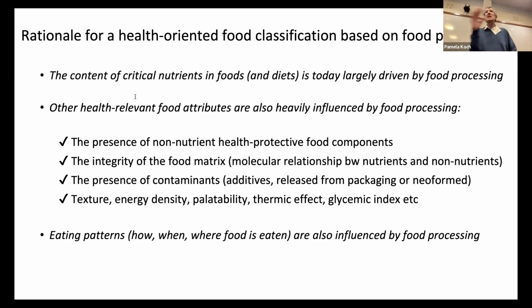In garlic alone, we know more than 300 chemical compounds that are not counted as nutrients, and they have antioxidant and other properties. Second, the integrity of the food matrix, or the molecular relationship between nutrients and non-nutrients within a food, is also important for health.